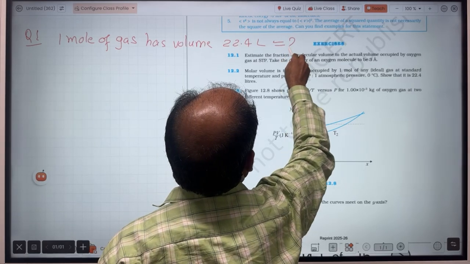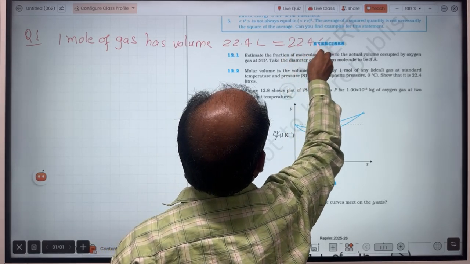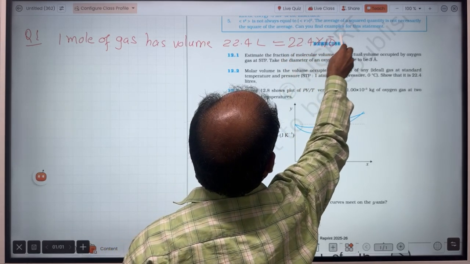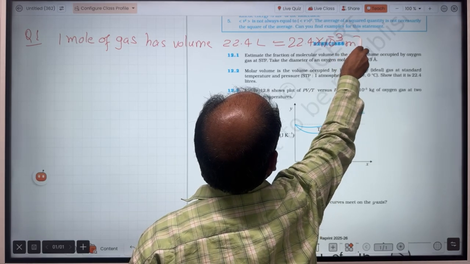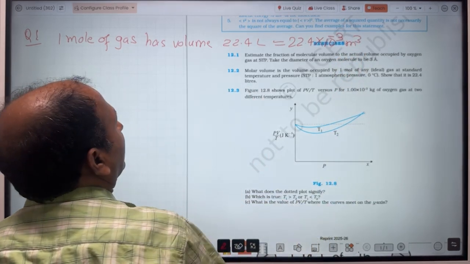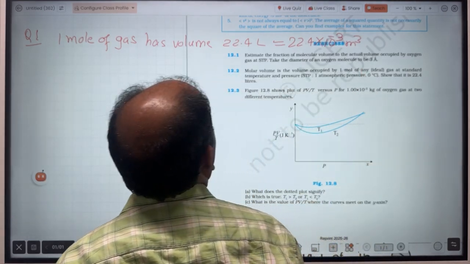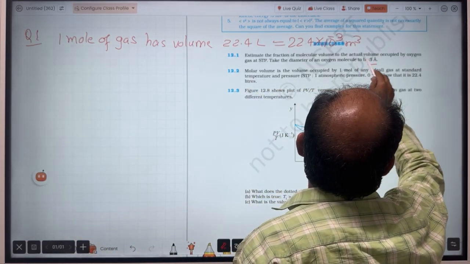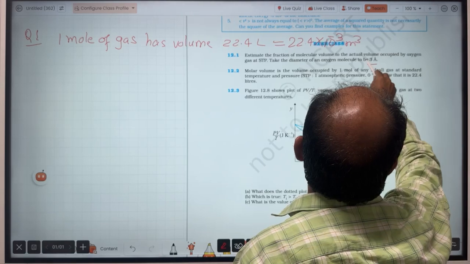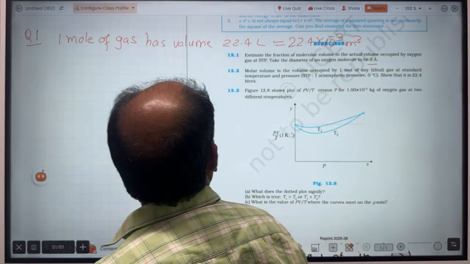This can also be written as 22.4 into 10 to the power minus 3 meter cube. Now, here we are going to consider the volume. If a radius is given, radius here it is diameter, so 3 by 2 angstrom.